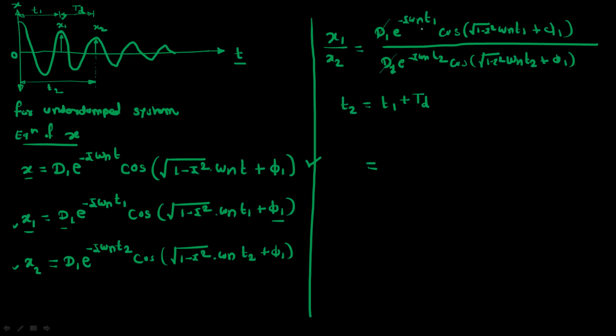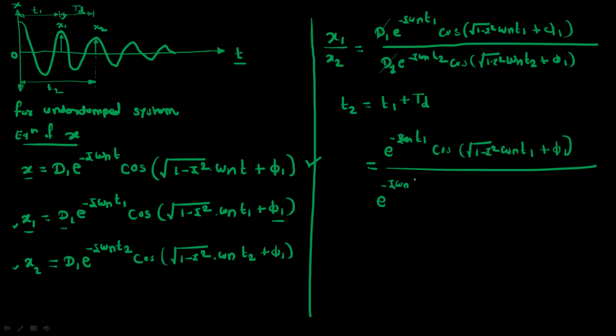So this is e raised to minus zeta omega n t1 cos square root 1 minus zeta square omega n t1 plus phi 1, and this is e raised to minus zeta omega n, t1 plus td, cos square root 1 minus zeta square omega n.